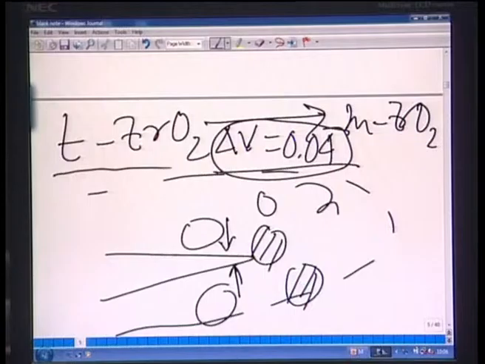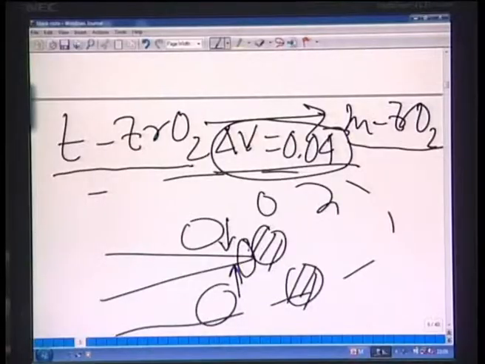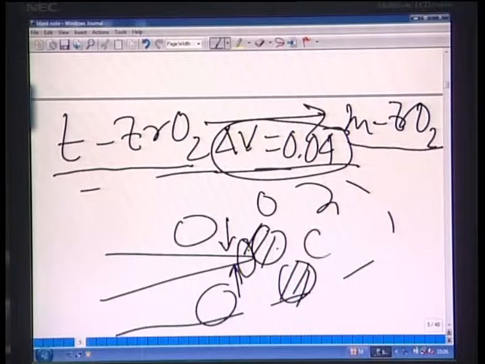In the case of zirconia, this tetragonal zirconia can be transformed to monoclinic zirconia in the crack tip stress field. So this is your crack tip, and there is an intense stress field surrounding the crack tip. In this stress field, tetragonal zirconia will be transformed to monoclinic zirconia, which is shown here as these hatched circles. Once this transformation is completed, there is a 4% volume expansion.